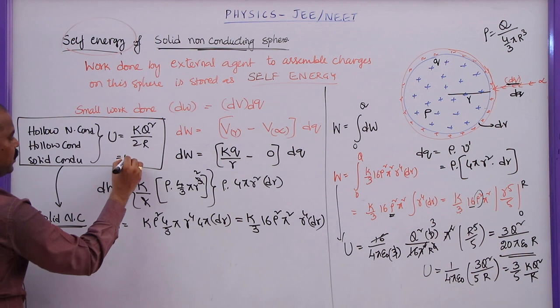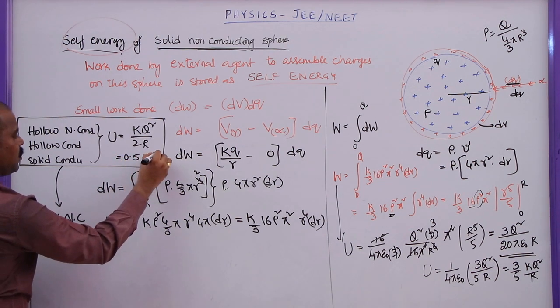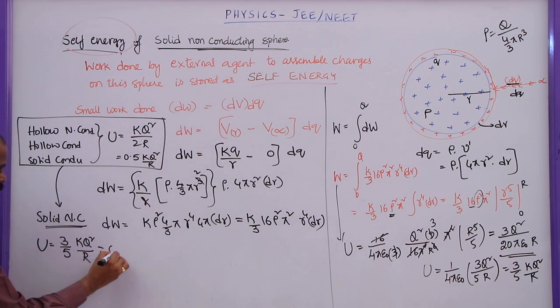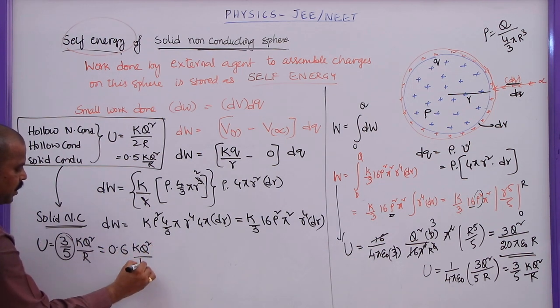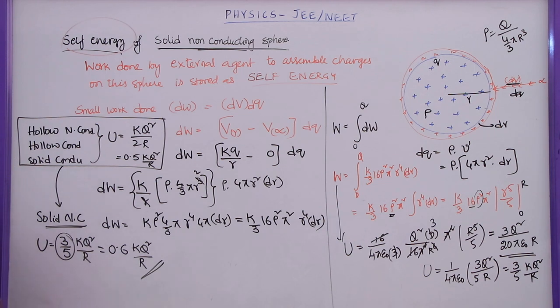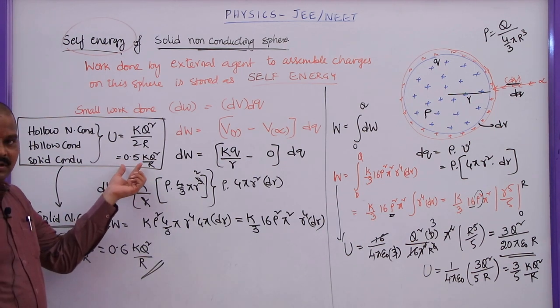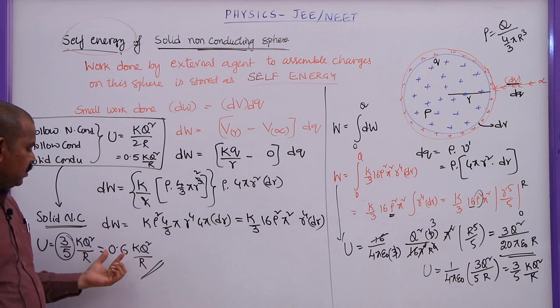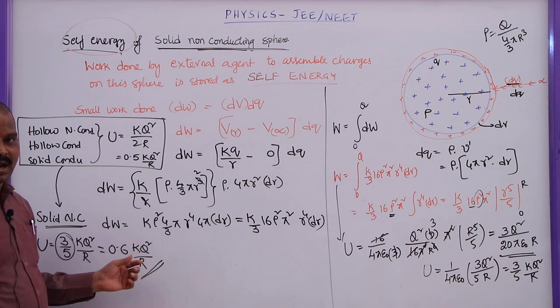This is 1 by 2, so we can write 0.5 k q square by r. This is 0.6 because 3 by 5 is 0.6, k q square by r. So only that decimal is different here: this is 0.5 k q square by r, and this is 0.6 k q square by r.